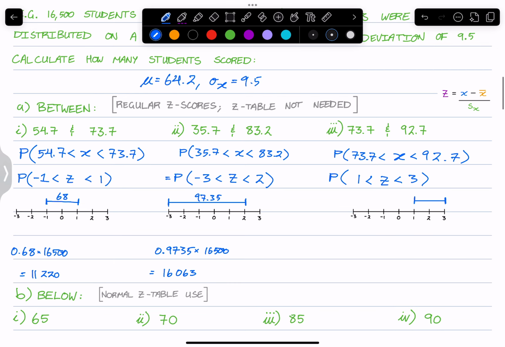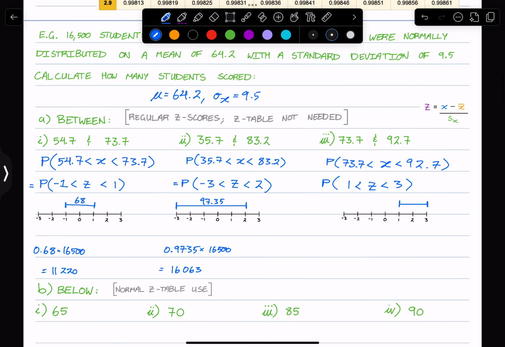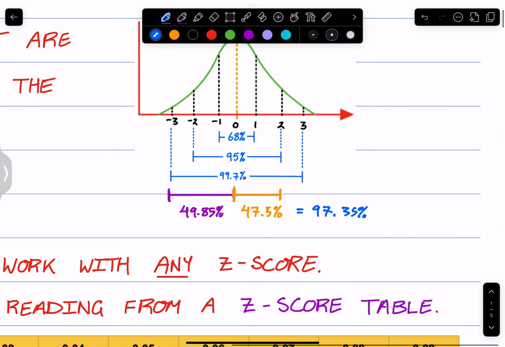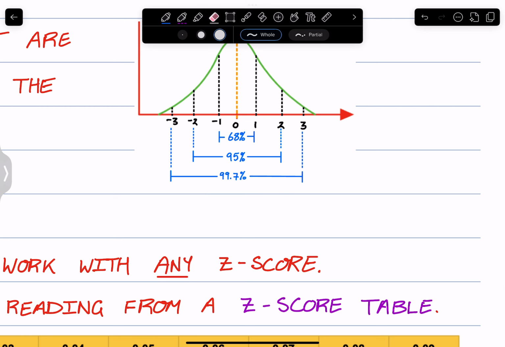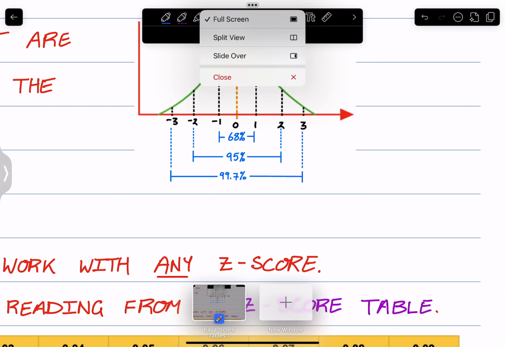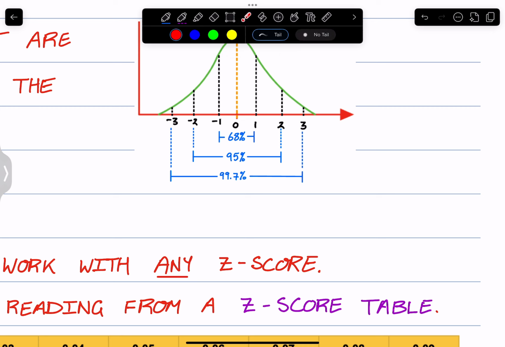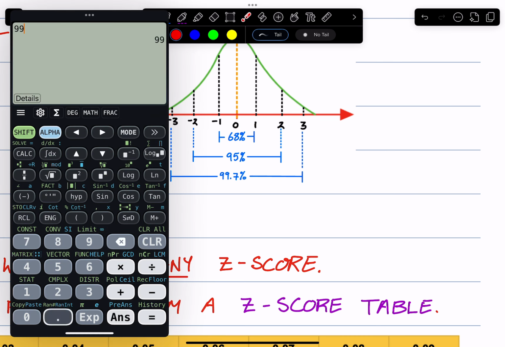For this, it just goes back to the regular Z-scores that we're familiar with. It's from 1 until 3. So this is half of 99.7 minus half of 68%. That would be 99.7 divided by 2 minus 68% divided by 2.